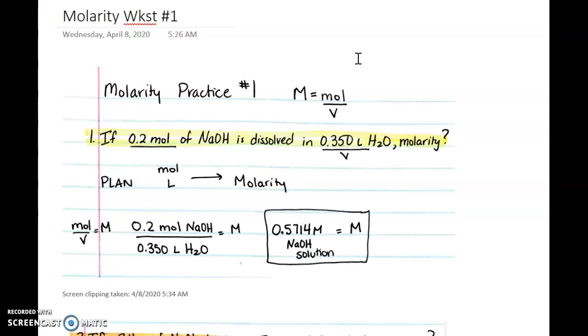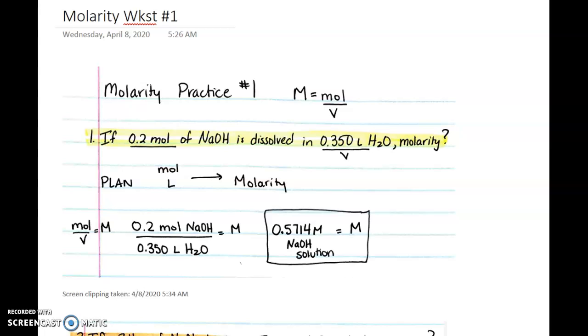So on this one, our main equation that we are using for these kinds of problems is this one right here: M equals moles of our substance, the solute, over volume of our solvent. So the amount of stuff we have dissolved in other stuff.